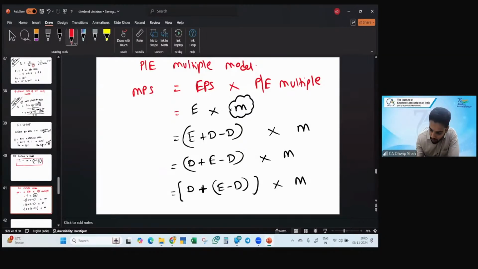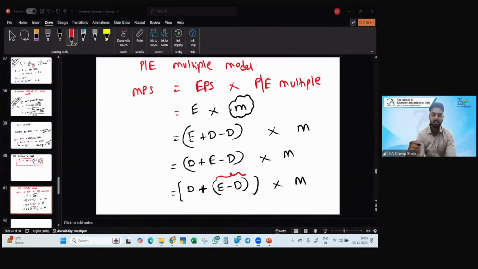If you can make out, this E minus D is nothing but retained earnings, and this D is nothing but dividend. Correct? Any query still here? E minus D, if I deduct dividends from earnings, can I say the balance would be retained earnings?